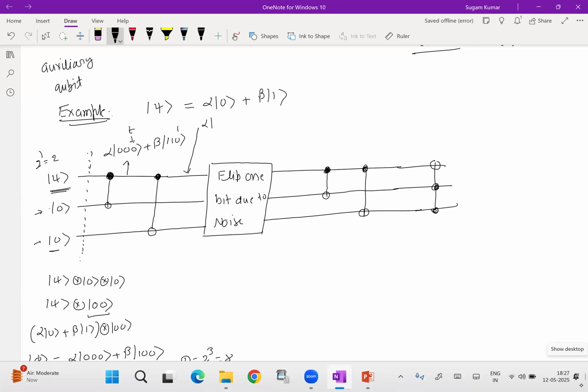Because the control is 0, this will become 0, 0, 0. Nothing happens. Plus beta, what happens? 1, 1, 1. You can see that. So this is the final state that appears after applying these 2 C0 gates.